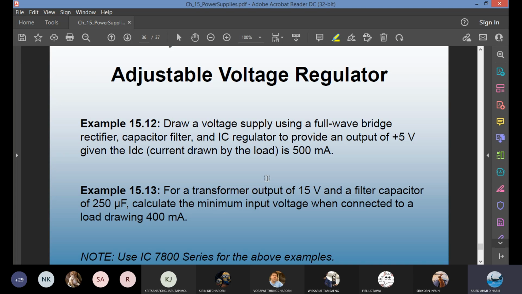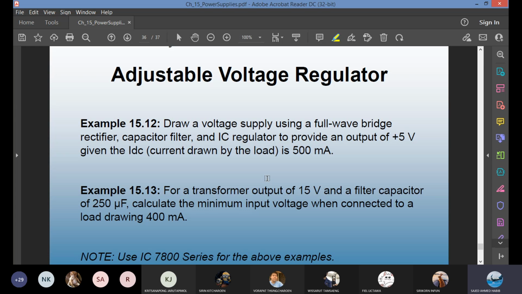You can also pick the ratio of the transformer winding: how many coils you want on the primary side and how many on the secondary side. If you want to design the ratio of the primary and secondary winding, you have to know the relation V1 over V2 equals N1 over N2.